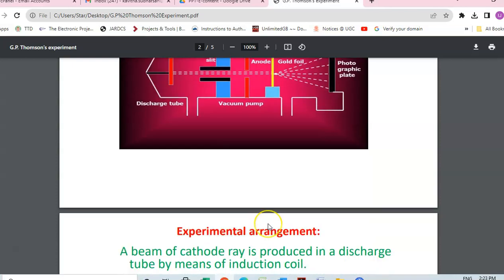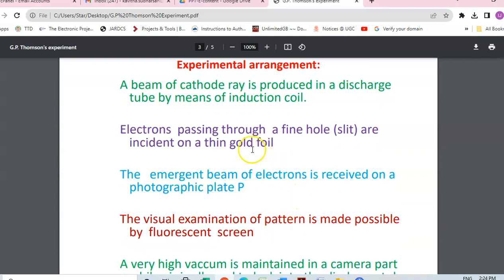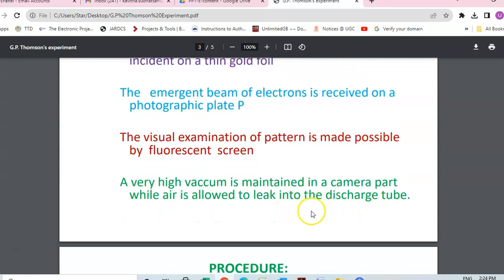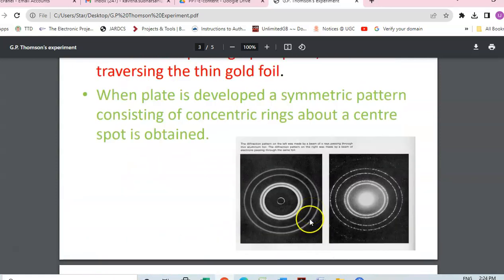See, this is the central spot, and around it we have the first order diffraction pattern. By measuring the distance, we can easily calculate the value.